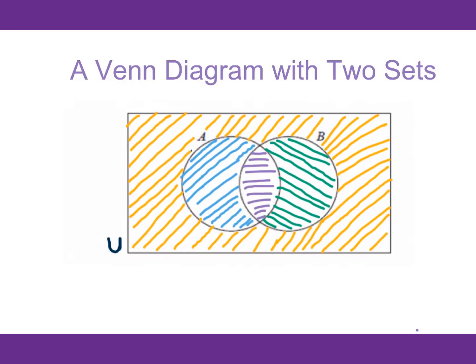The blue one means in A, not in B. So we can use A intersect B prime, meaning in A but not in B. This color means in A and B. Therefore, we use A intersect B to show that.